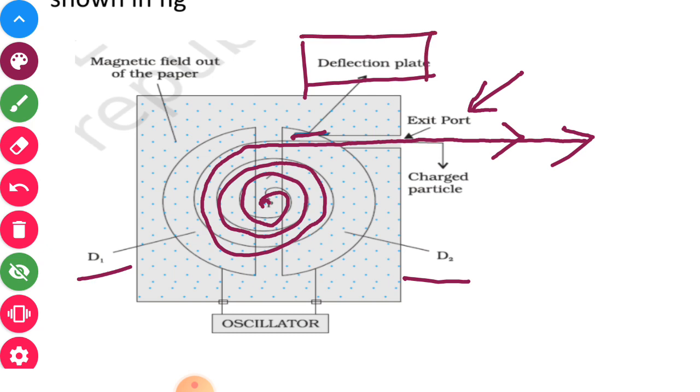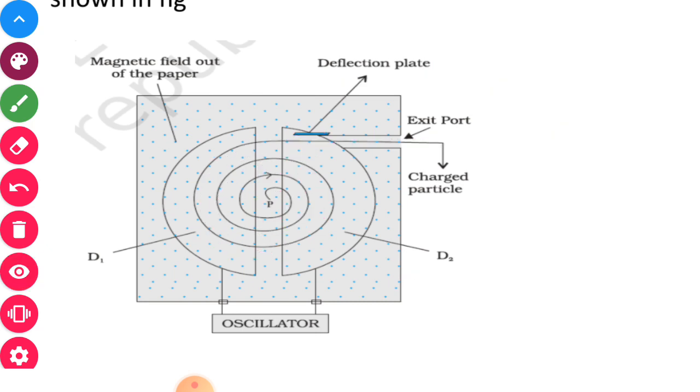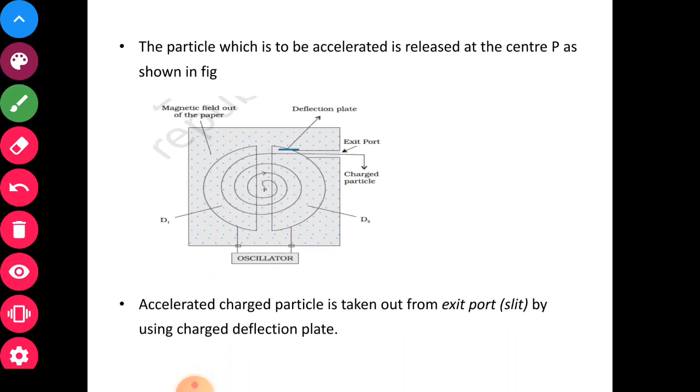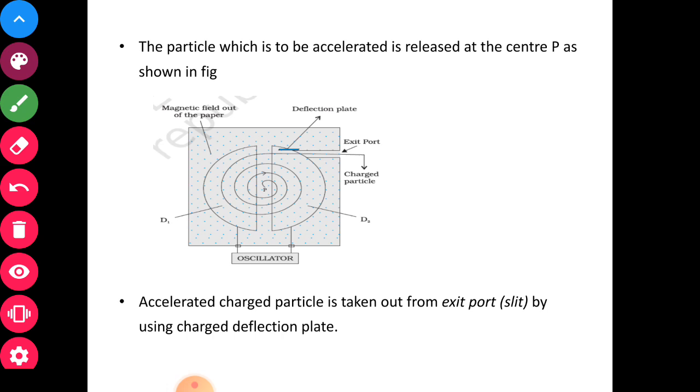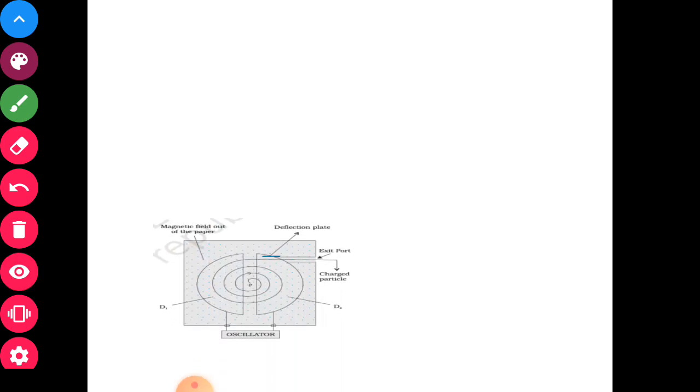The accelerated charged particle is taken out from the exit port or slit by using the charged deflection plate. Again, I am keeping this figure on the screen for you.